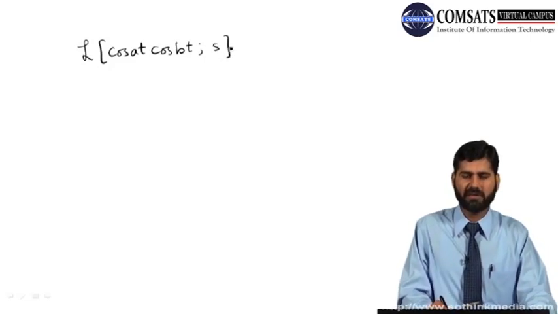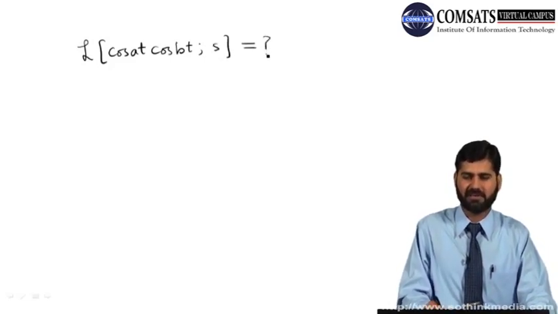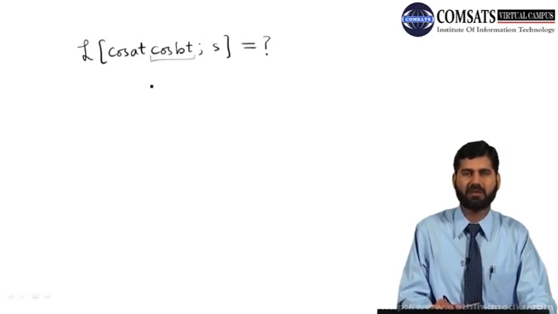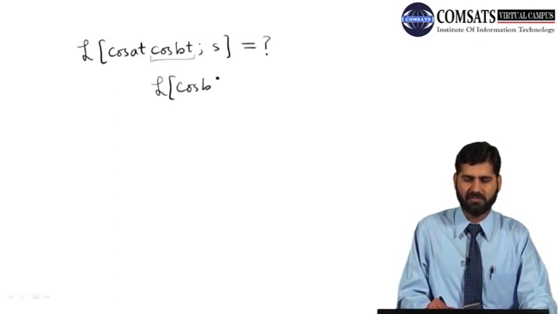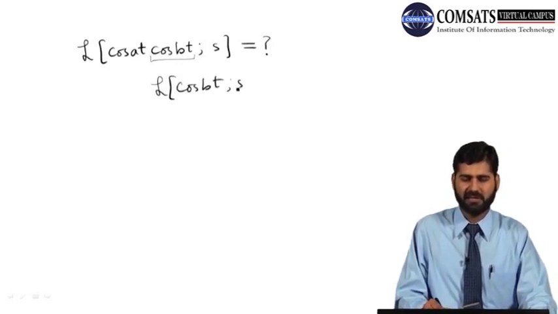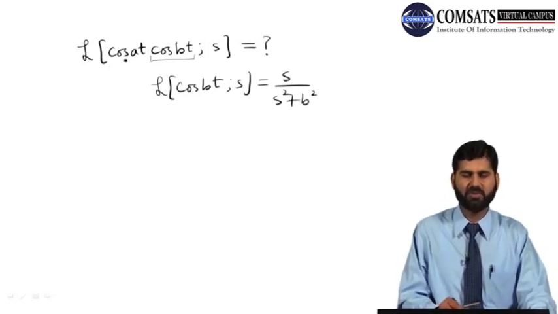Now, we haven't heard of anything like this, right? All I know is that the Laplace transform of cosine bt is known to me: s over s squared plus b squared. Now what to do with this one?